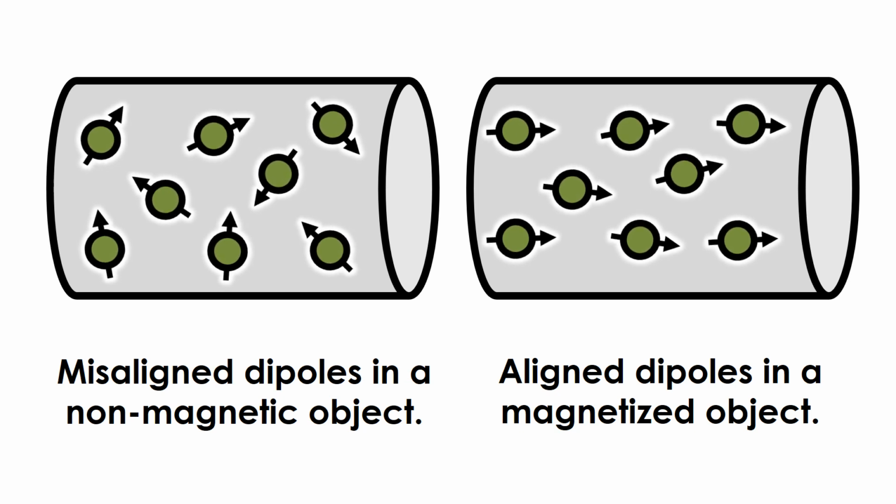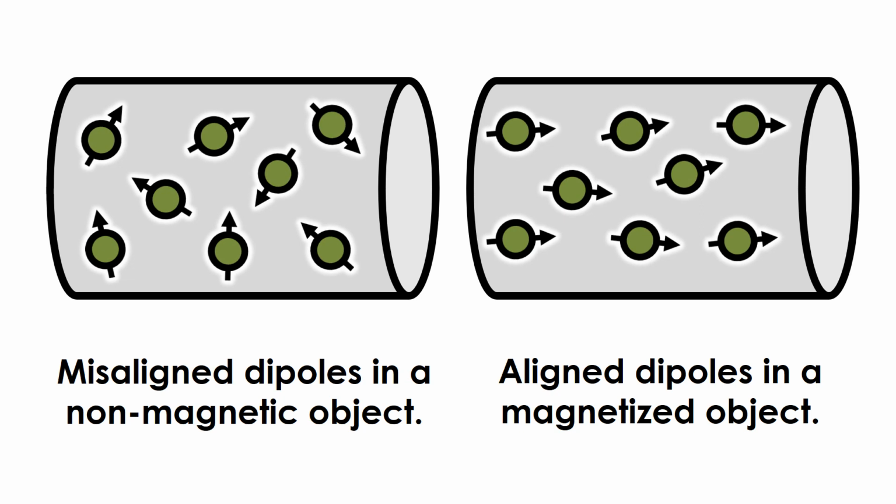And the difference is in the orientation of these charged particles called dipoles. In the example to the left, misaligned dipoles in a non-magnetic object are demonstrated. But in the example to the right, this is a magnet, and this time the dipoles are aligned. So what we're observing is aligned dipoles in a magnetized object.